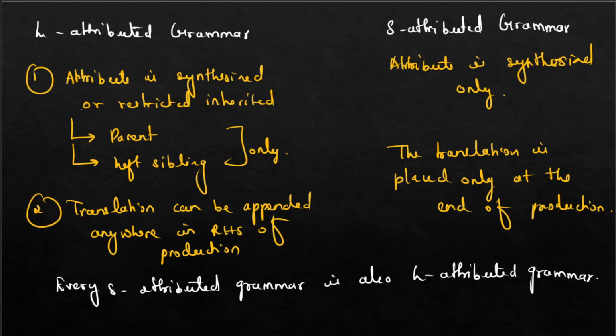And L attributed evaluation uses in-order annotation of the parse tree, and S attributed uses the reverse of rightmost derivation. Which is, first we have to find the RMD order, and after that we have to consider its reverse. I hope there is no doubt till now.